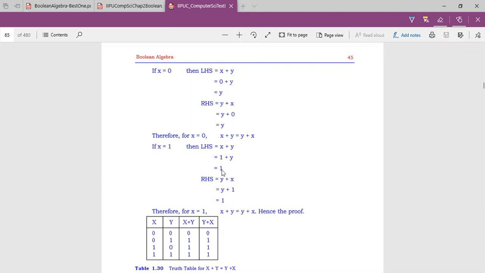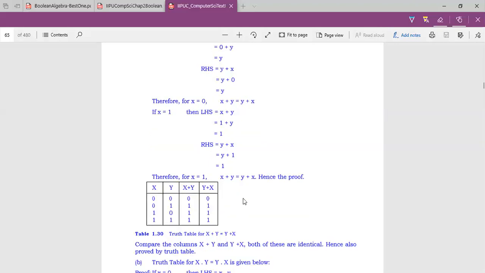So it becomes 1. RHS, y plus x is equal to y plus 1. X is 1. Y you keep as it is, because x is equal to 1 you are substituting. So y plus 1 is equal to 1. So in both the cases, LHS is equal to RHS. Therefore, x plus y is equal to y plus x when x is 0 and also when x is 1.